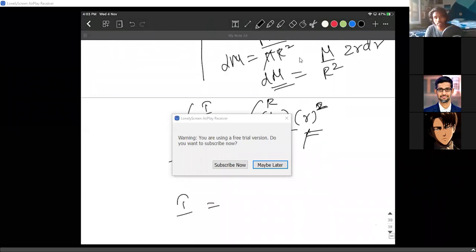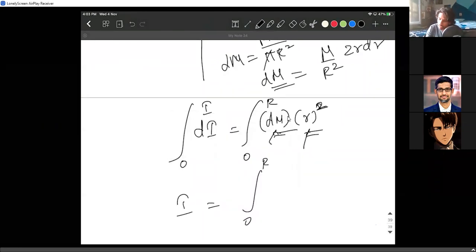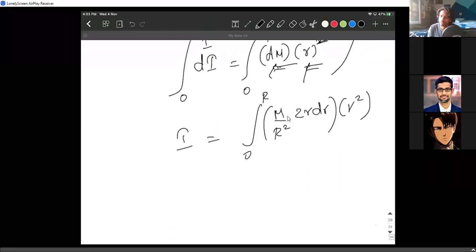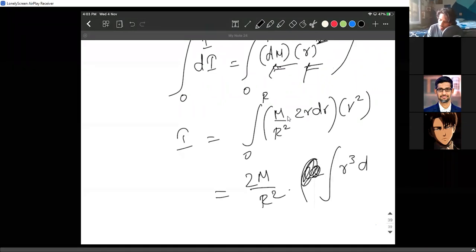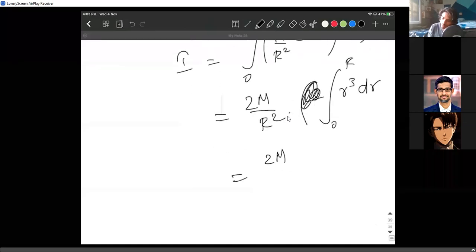the moment of inertia of the disk. I'm going to put dm here, the value of dm that I've got there is nothing but m by r squared, 2r dr, into r squared. So if we do that, m by R squared, I'll take the 2 also out, integral of r cubed dr from 0 to R. I continue it, 2m by R squared.